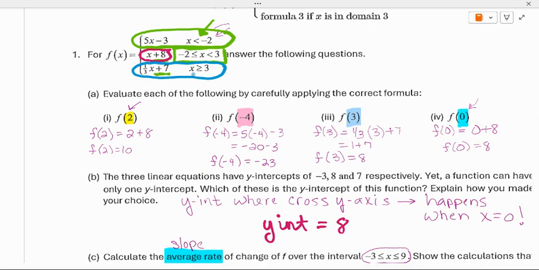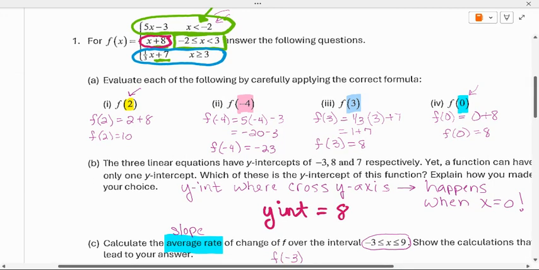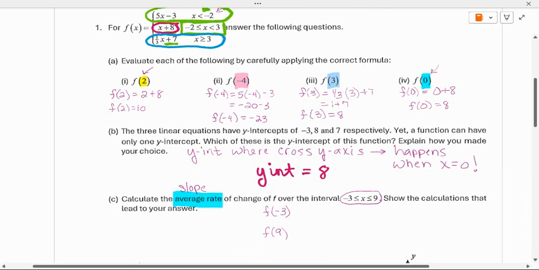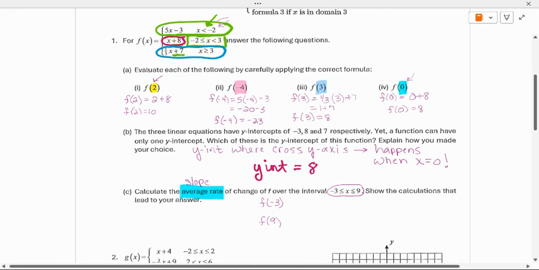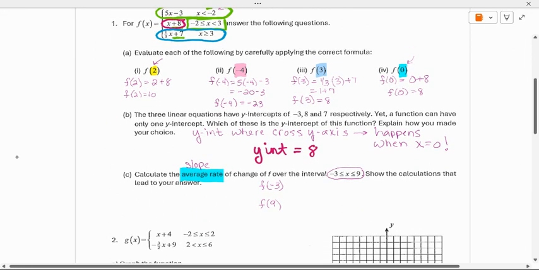Because our domain represents all x values that are greater than or equal to 3. So f of -3 is going to be evaluated over the function 5x minus 3, and f of 9 is going to be evaluated over the function 1/3 x plus 7.